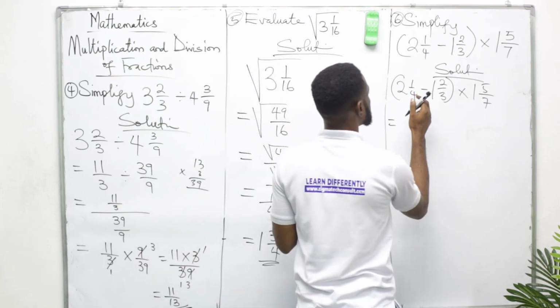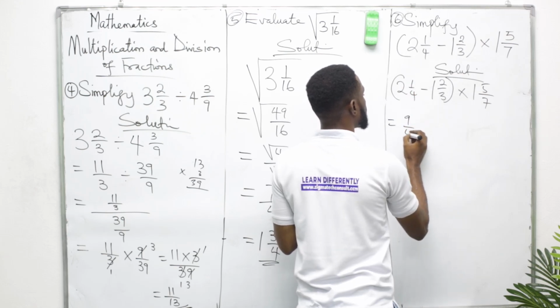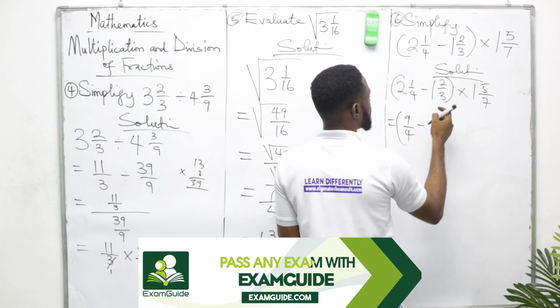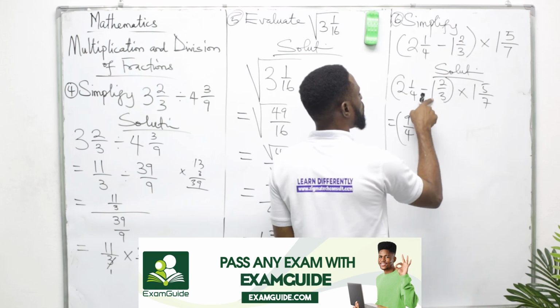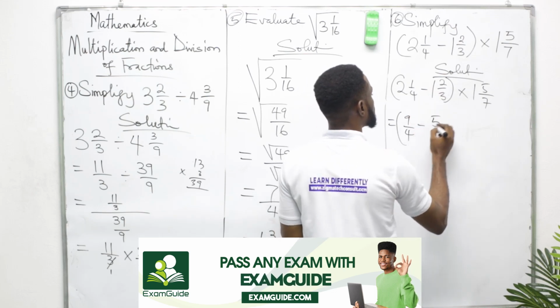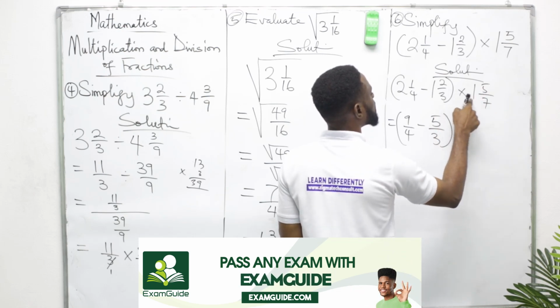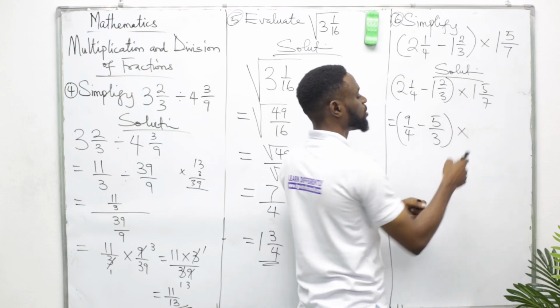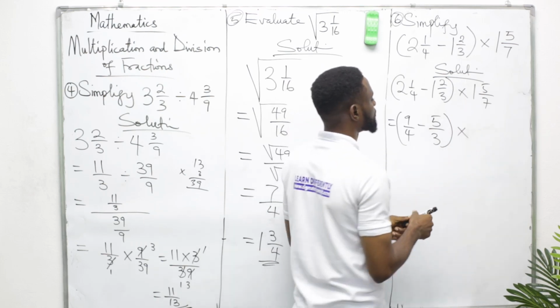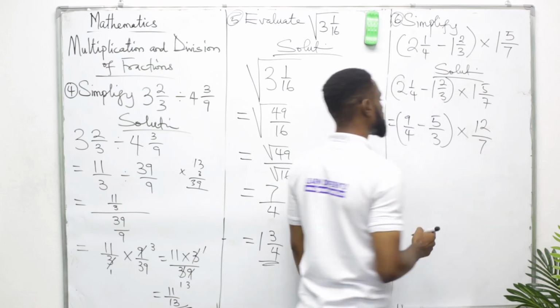So this is 2 times 4, 8, plus 1, 9, so 9 over 4, minus 3 times 1 is 3, plus 2, 5 over 3, times 1 times 7 is 7, 7 plus 5, 12 over 7. Is that okay now?